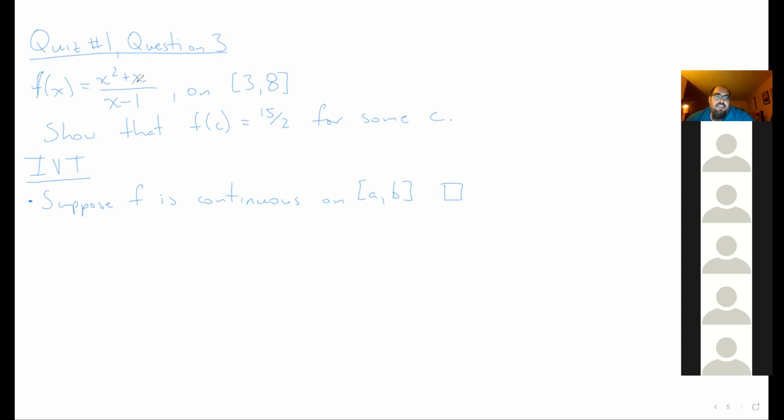Where would this function not be continuous? Oh, 1. At only 1, right? Right. So the only x value where this function would be discontinuous is outside my interval. And since this function is a rational function, I know that it's continuous everywhere where it's defined. So we're okay there. Gotcha.